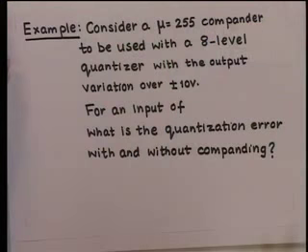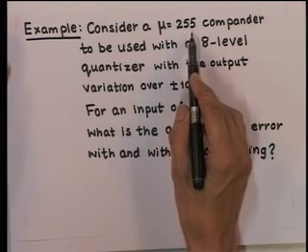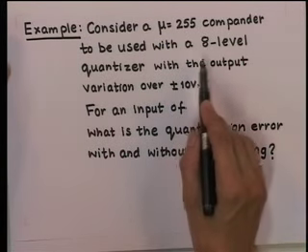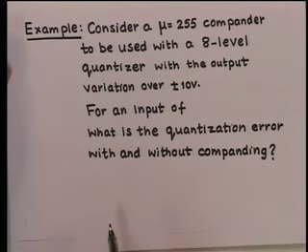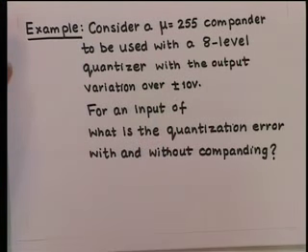Now, let us take a few examples to understand these concepts in a better way. Let us take the first example as follows. Consider a mu equal to 255 compander to be used with an 8 level quantizer with the output variation over plus minus 10 volt.